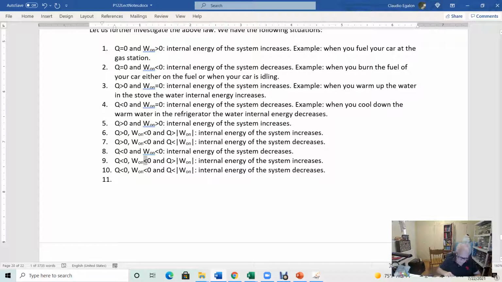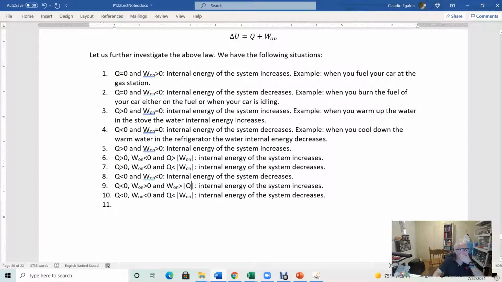Okay. Here you go. We can have the situation in which the work done on the system is greater than zero. And what else? Now the situation reverts here. Work done on the system is greater than the magnitude of the heat, so the internal energy of the system increases, right?